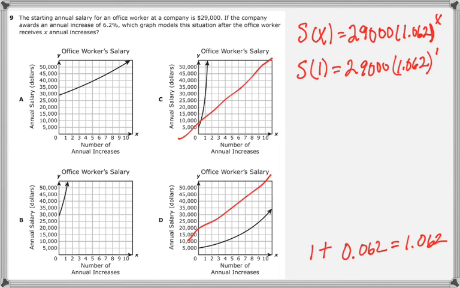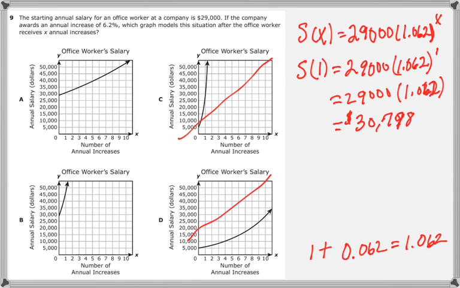Anything raised to the 1 power, as long as it's not 0, is whatever that number is. So we have 29,000 times 1.062. Let's put that into our calculator, and we end up with 30,798. So after our first annual increase, our salary goes up to $30,798.